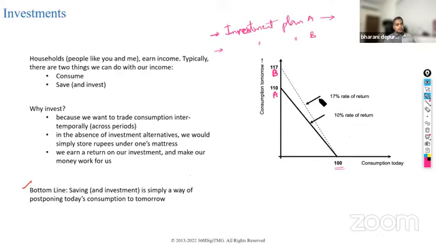Which option would you prefer to invest in? If I were to simply ask you this question, where do you want to invest, would you invest in A or B? A lot of you are saying, do you know what?